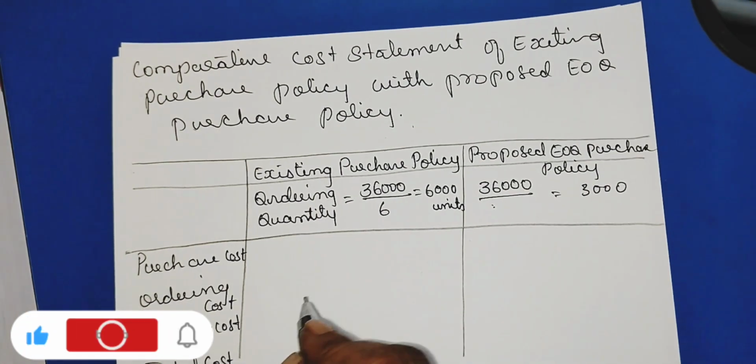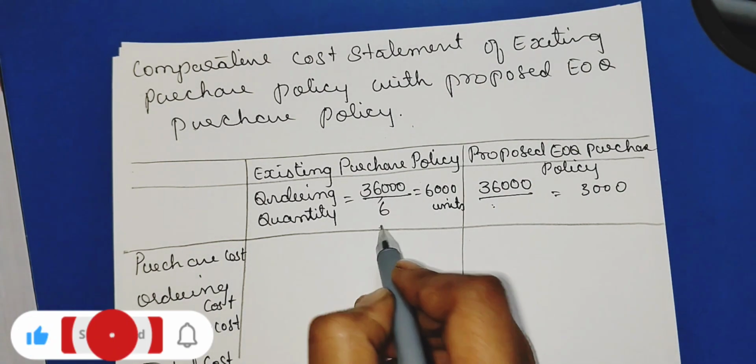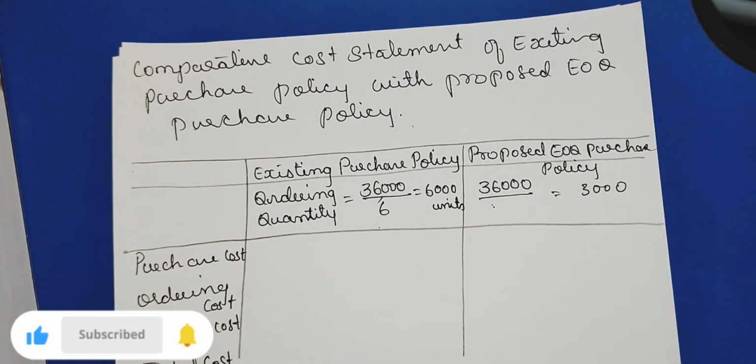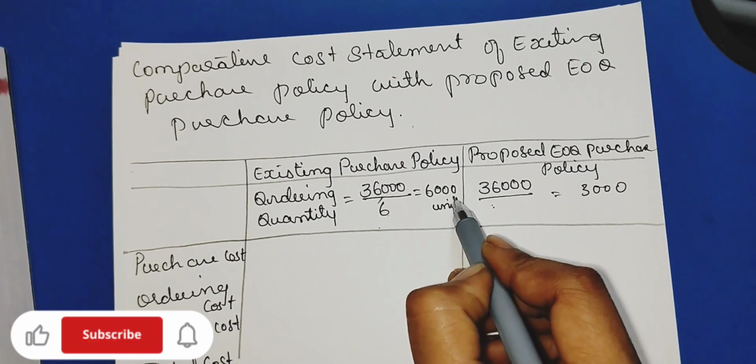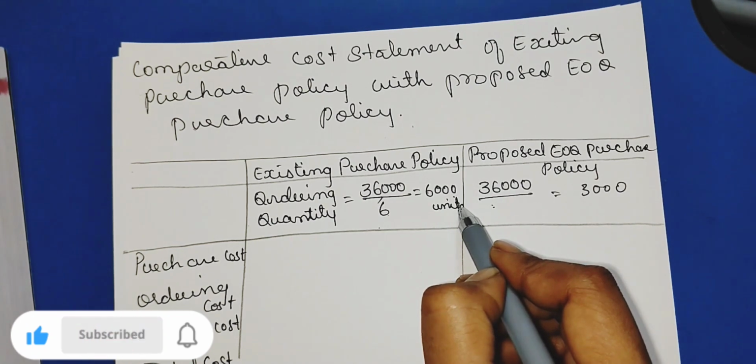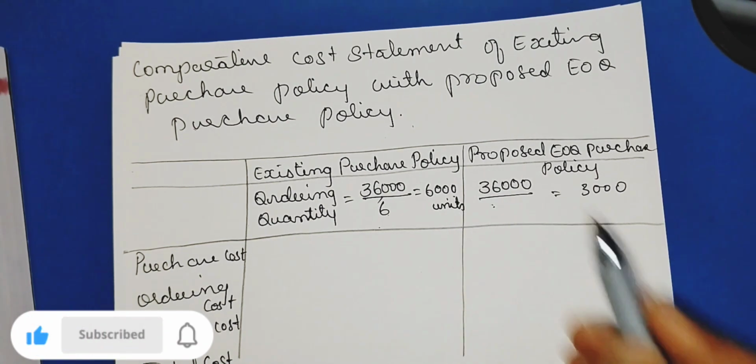As per the existing purchase policy, 36,000 units with 6 installments. In the question they have clearly mentioned 6 installments. If you do, how many units are you purchasing? That is 6,000 units, right? 6,000 units you are purchasing.